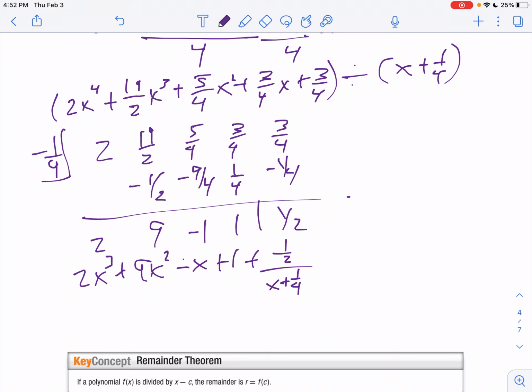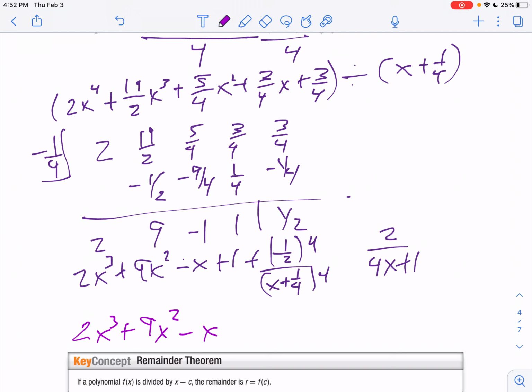So I'm going to multiply my numerator and my denominator by my common denominator, which is 4. So my remainder is actually 2 over 4x plus 1. In fact, I think I'll rewrite that problem just to make sure. So it's 2x to the 3rd plus 9x squared minus x plus 1 plus 2 over 4x plus 1. And there's your answer.